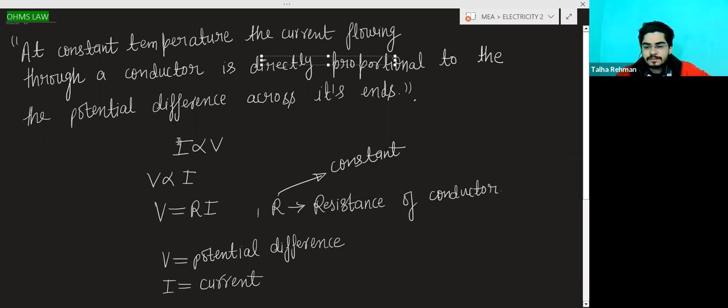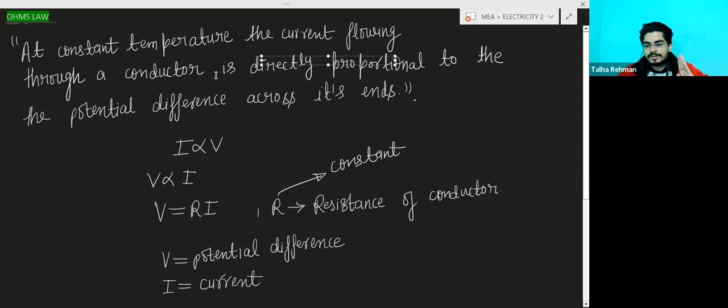So current flowing in a wire, what is I? I told you I will represent the current with capital I, and I will represent the potential difference with capital V. So the current flowing in the wire is directly proportional to the potential difference only and only at constant temperature.